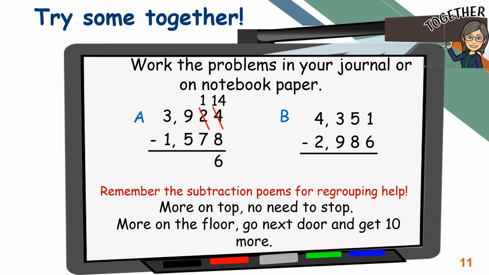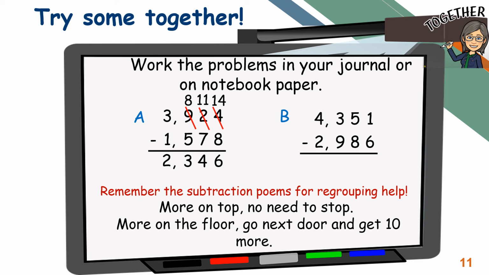In order to subtract 7 tens from 1 ten, we need to take 100 from the 9 hundredths and trade it for 10 tens. That leaves 8 hundredths in the hundredths place and gives us 11 tens in the tens place as shown. Now all digits on the top of problem A are larger than the digits on the bottom, and we can subtract all place values to get the answer that you see.